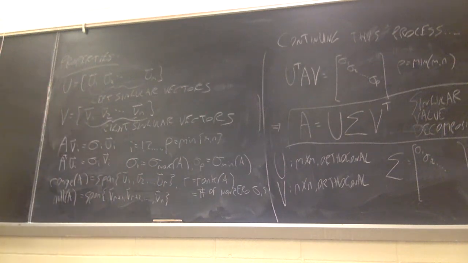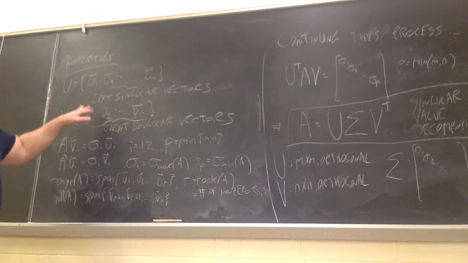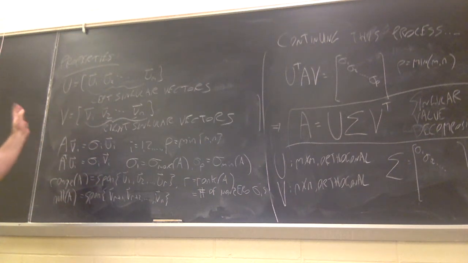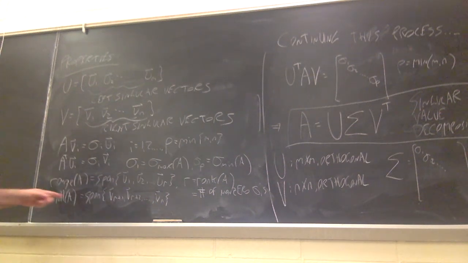Because the rank plus the dimension of the null space, which is also called the nullity, those two numbers have to equal n. So you take out the first r right singular vectors, V1 up to Vr, and everything else is the null space. If I multiply A by any one of these vectors, I'm going to get 0.